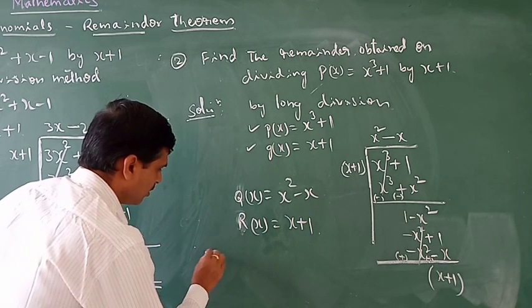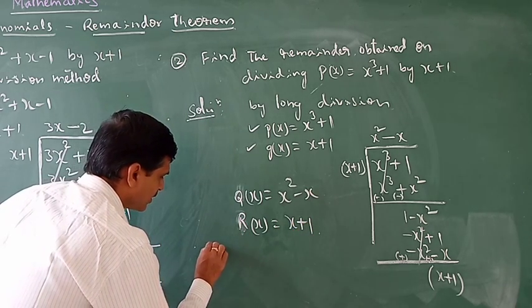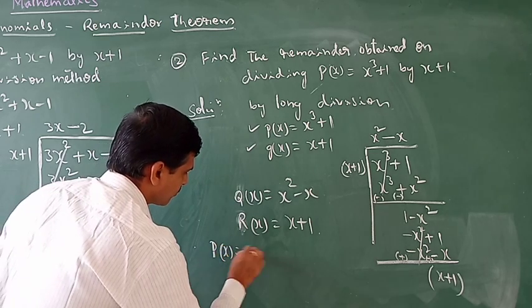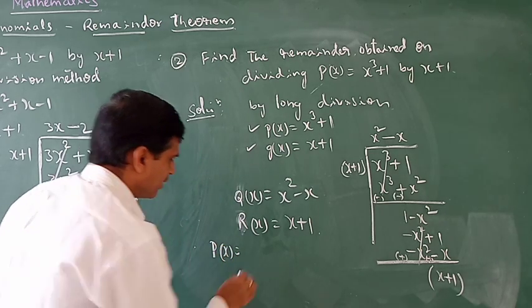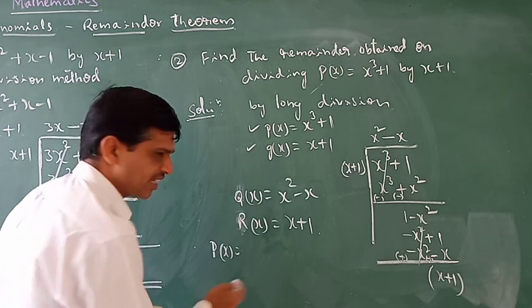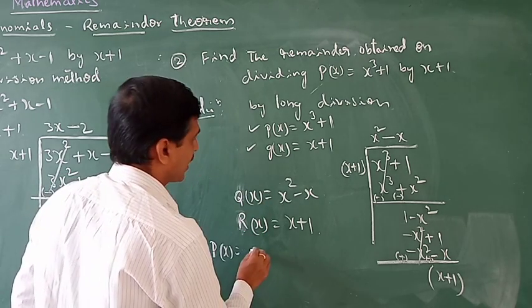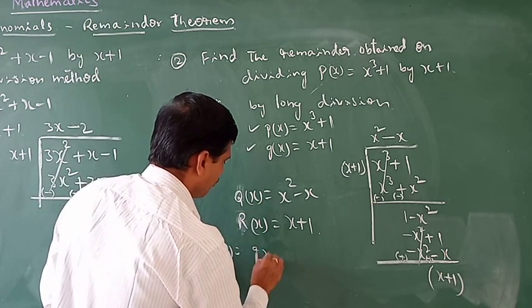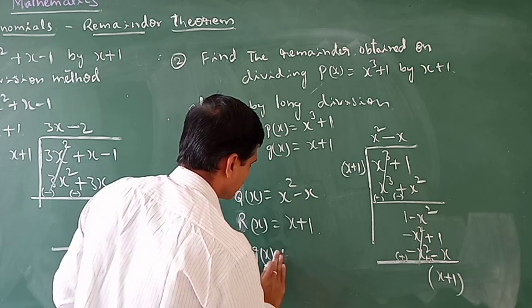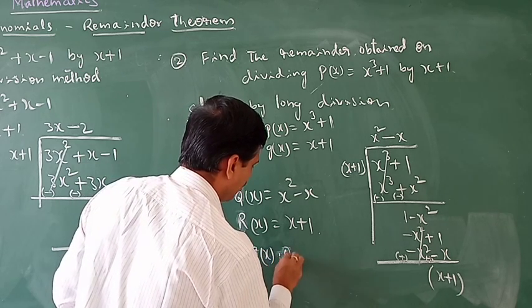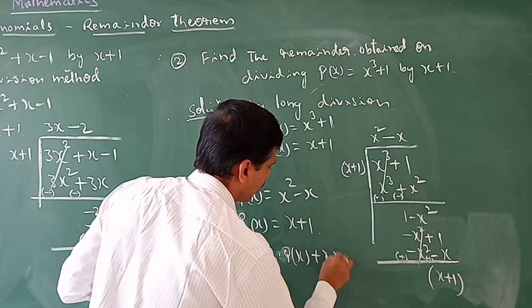So for verification, in general I want to conclude: p of x equals g of x into q of x plus remainder r of x.